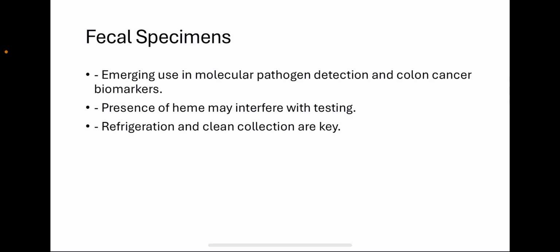DNA from feces may reflect the genetic status of colonic cells, serving as a potential biomarker for cancer screening. And preservation is key with it. A lot of times these days, they want it in a Cary-Blair preservative. If that's not completely possible, depending on the site, like say it's collected at a nursing home, they want it refrigerated.